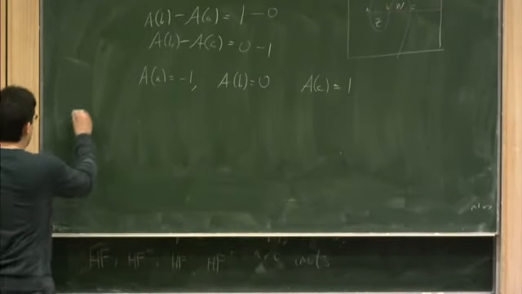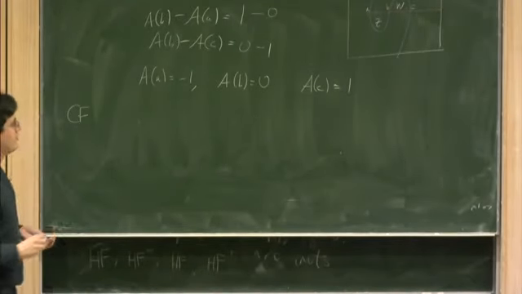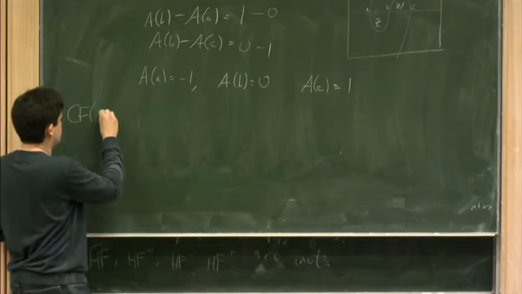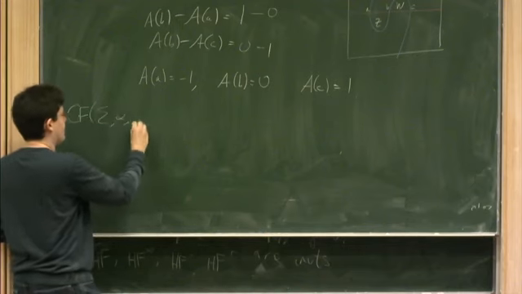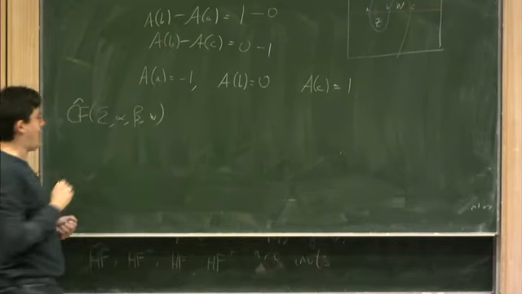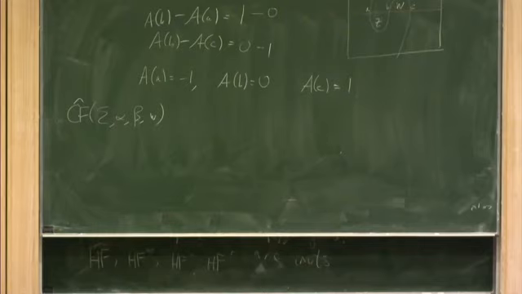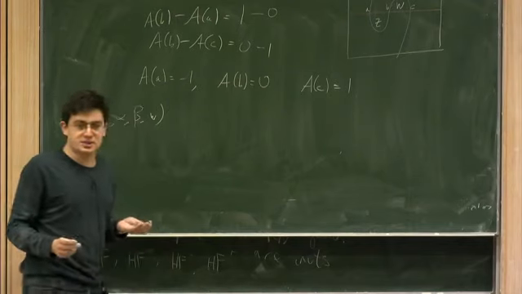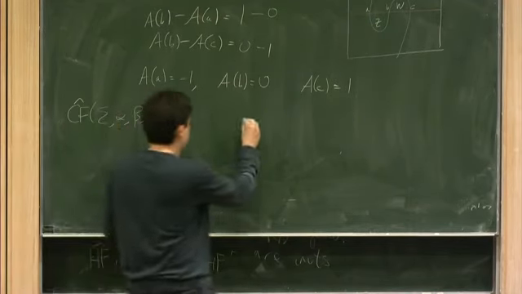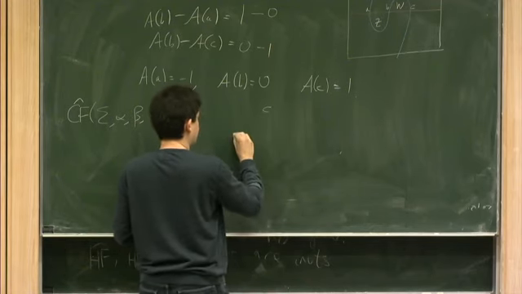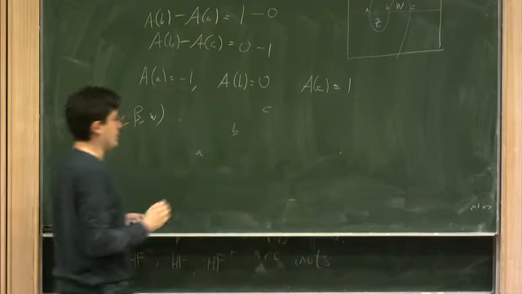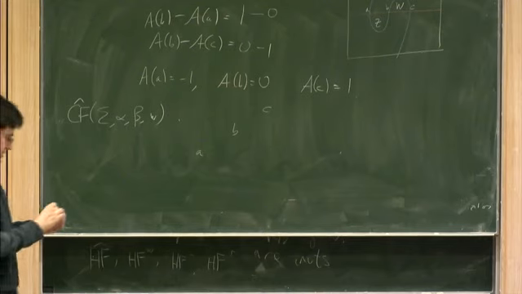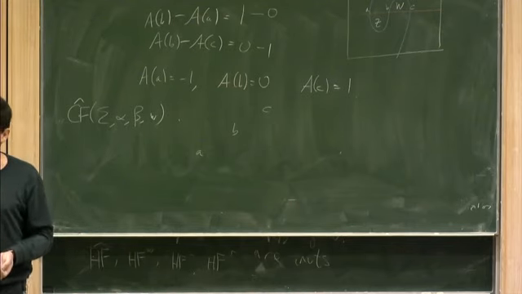Okay, so let's think about CF of sigma, alpha, beta, W, and let's just do CF hat. Remember that was a chain complex with A, B, and C as its generators. I'm going to draw it this way. The horizontal position here is meant to represent the Alexander grading, right?